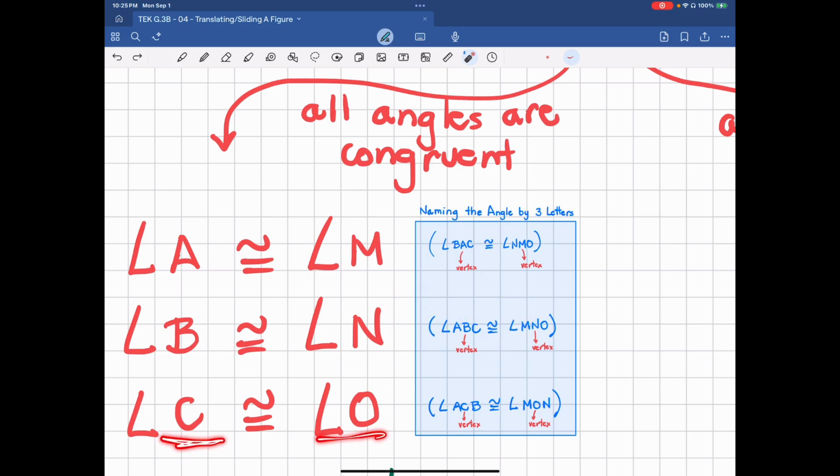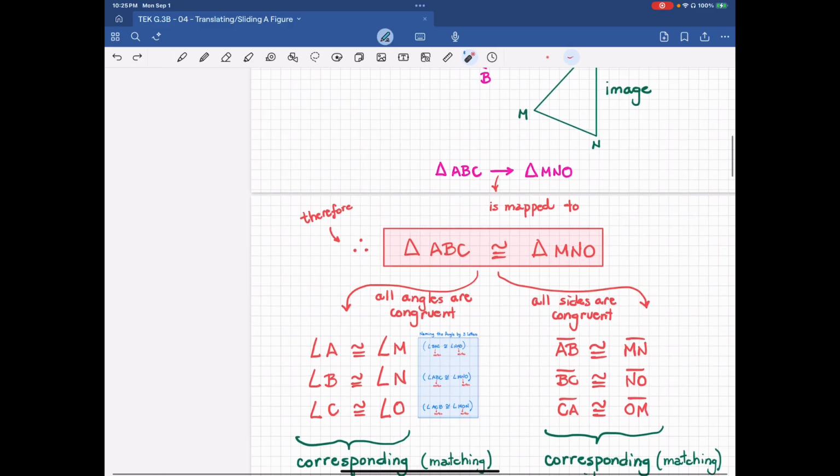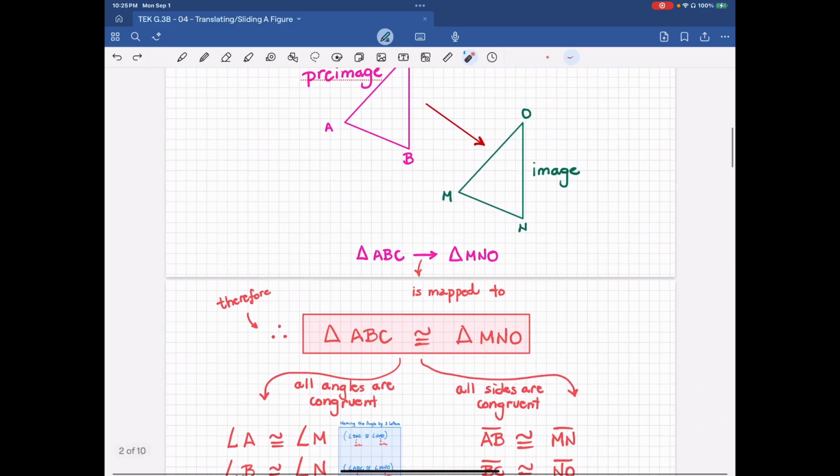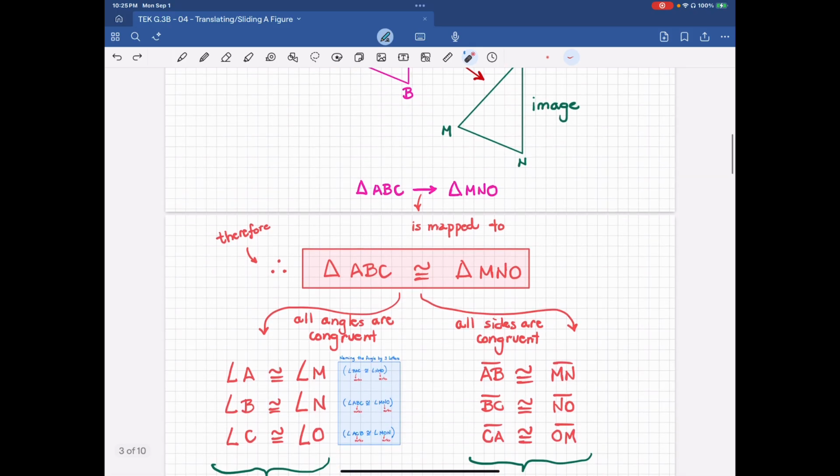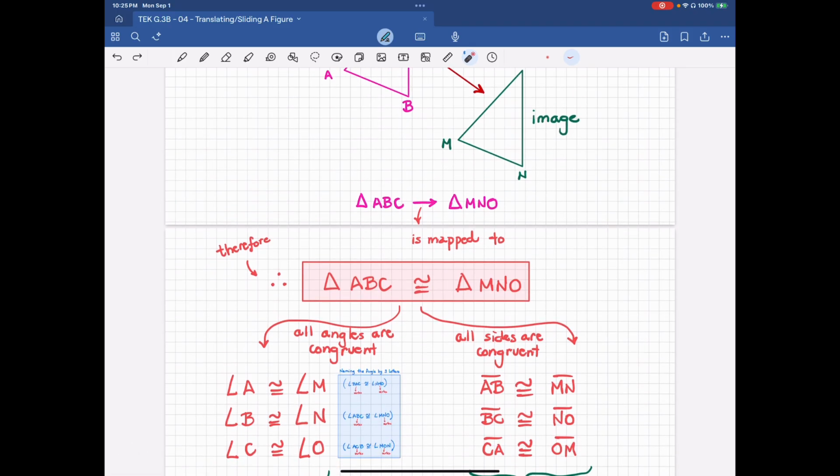Here, C and O are in the middle. We can name an angle by one letter when we just have two triangles like you see up above, or we can name them using three letters, which gives us much more specificity.